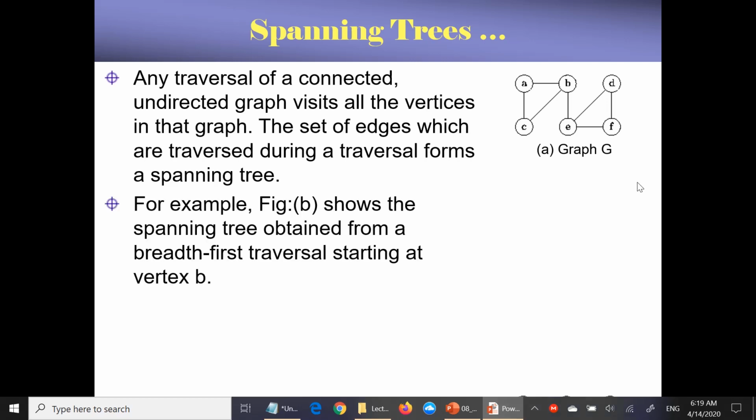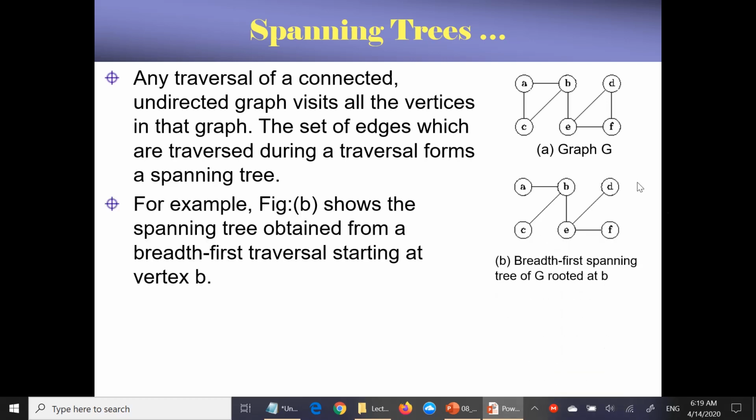What will be the spanning tree that you get if you do breadth first traversal of that graph? As we recall, in breadth first traversal, when you visit a vertex, you have to visit all its adjacent vertices before you go to the children. So suppose we start a traversal from B. The vertices adjacent to B are A, so we're going to visit A first.